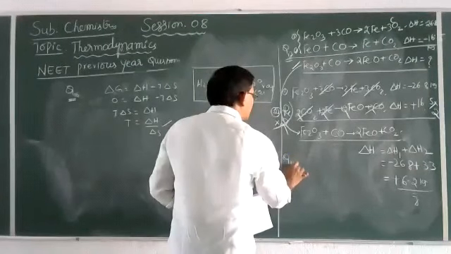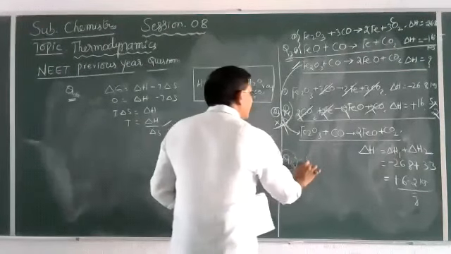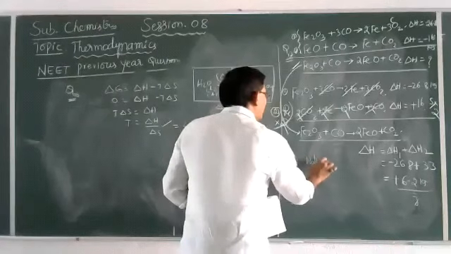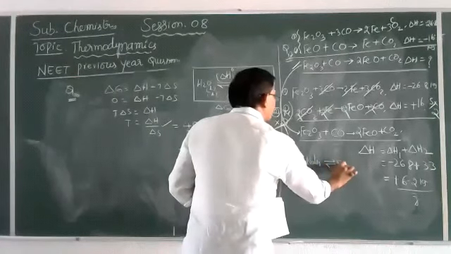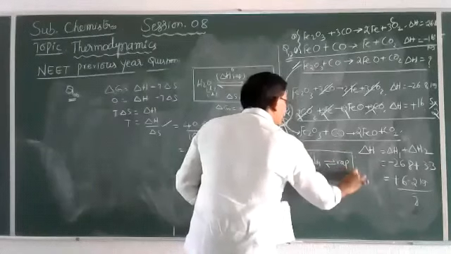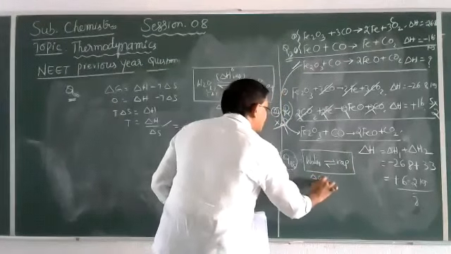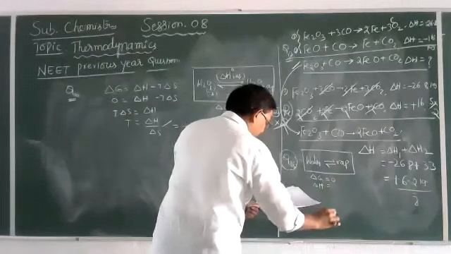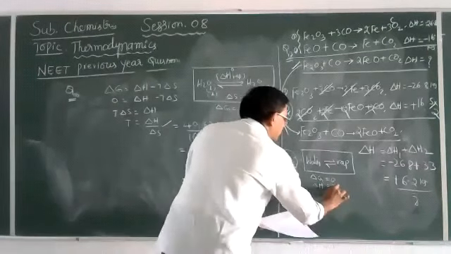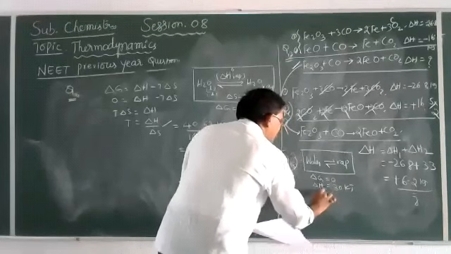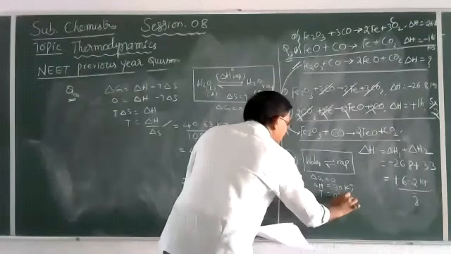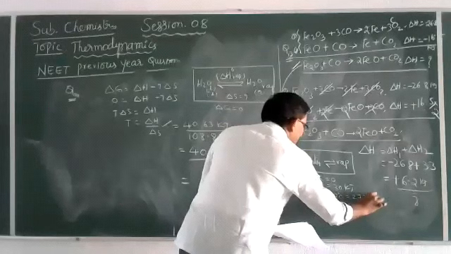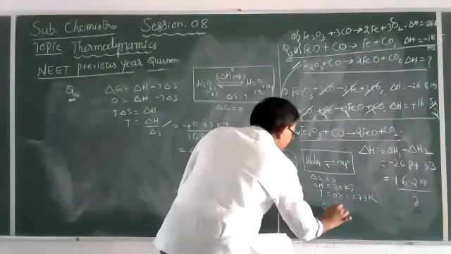In this question, water liquid goes to water vapor, it is an equilibrium process, delta G is equal to 0. Delta H value is given, 30 kilojoules. Temperature is 0 degrees, that is 273 Kelvin. Then calculate delta S.